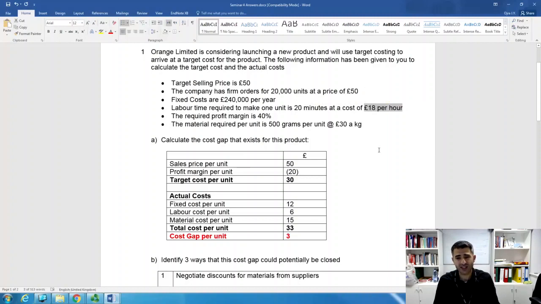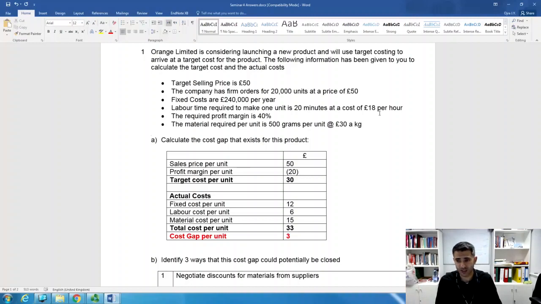So what does that mean? If each unit takes 20 minutes, think about it: how many 20 minutes are in 1 hour? 60 minutes, so 3, isn't it?